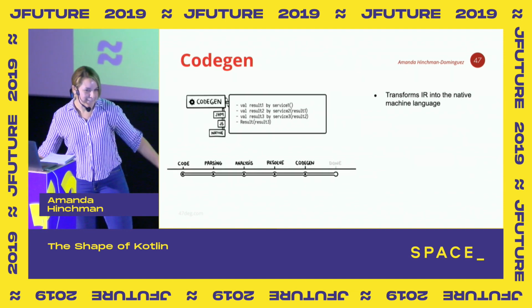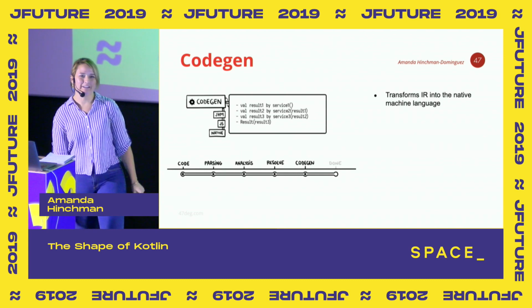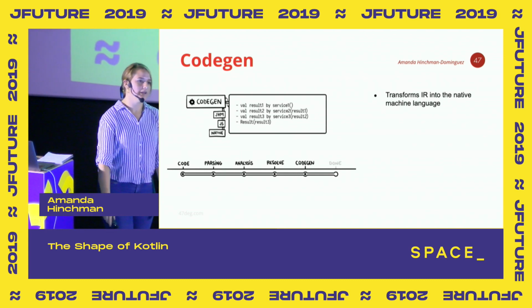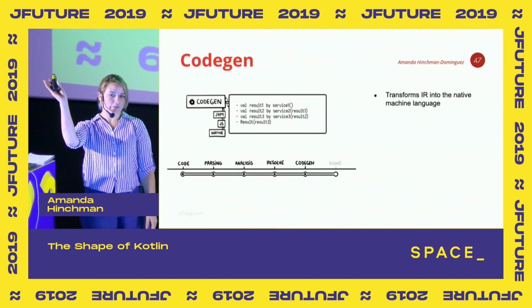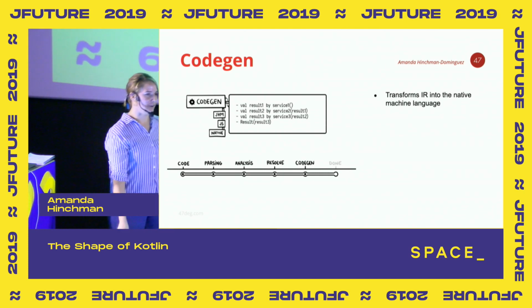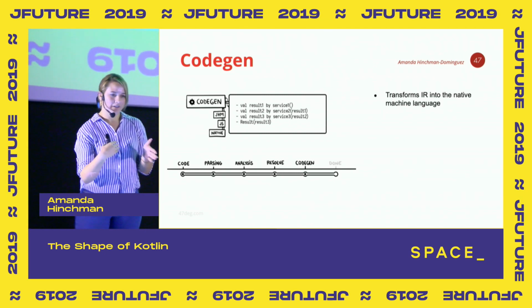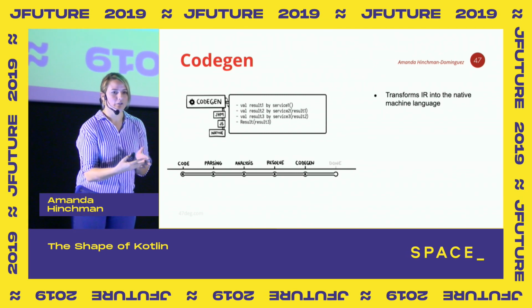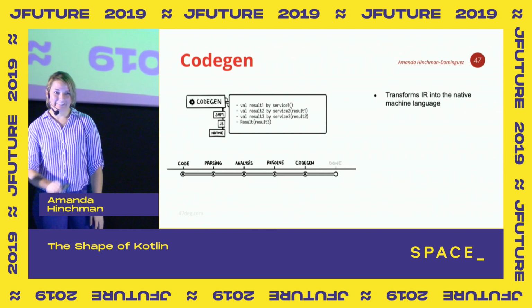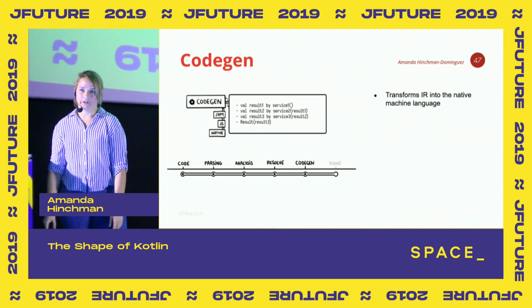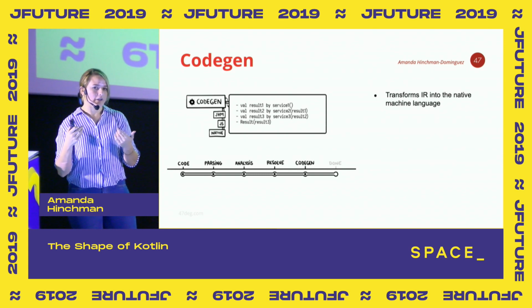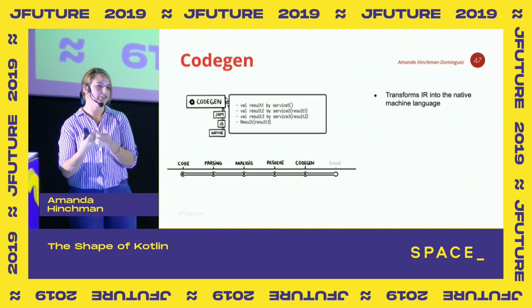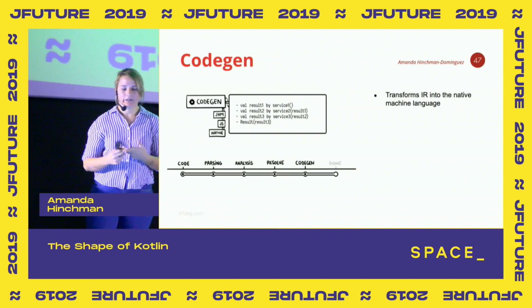Okay, and then finally, you get to code gen. There's not too much about this because this is when we've made our journey all the way from the source code, and we've gone all the way down so that it can be compiled basically into machine code. And that's the back end of the compiler. You can think about places where you can make decisions about where you store memory.